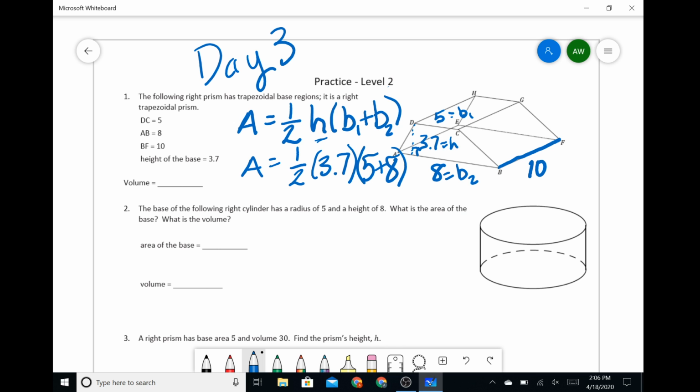So I could say area is equal to 1/2, which is the same thing as 0.5, times 3.7 times 13. That's much easier to put into my calculator. Give me just a second and I'll do that. Okay, and I get 24.05.